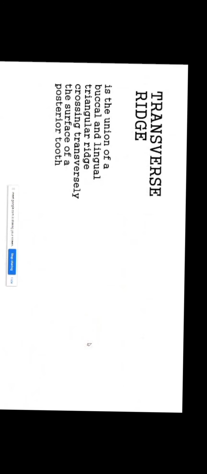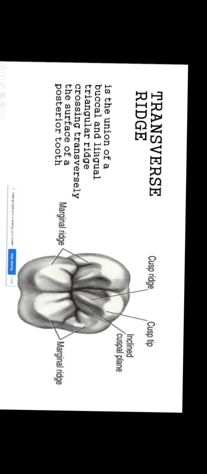A transverse ridge is the union of the buccal and lingual triangular ridge crossing transversely the occlusal surface of a posterior tooth. If a ridge goes from the tip of the cusp to the center, that's a triangular ridge. If you combine two triangular ridges crossing transversely, we now call it a transverse ridge.